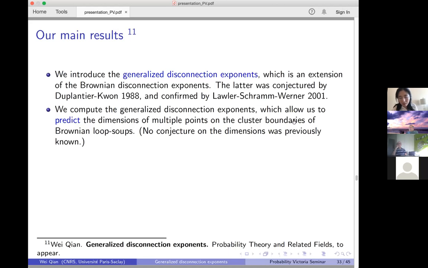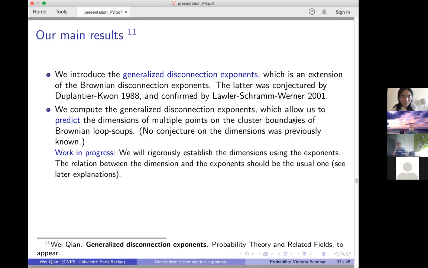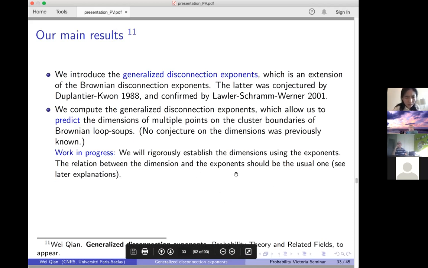In contrast to the Brownian case, there was no conjecture before on those dimensions by physicists or mathematicians. In this paper, which is already written, we only compute the exponents, but we have work in progress in which we will rigorously establish the dimensions using the exponents.